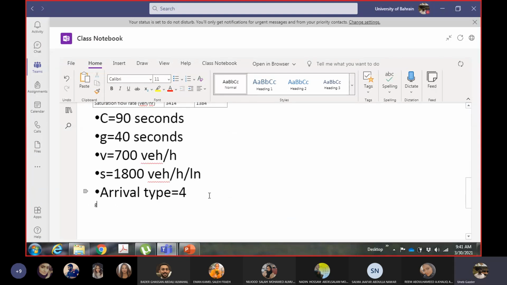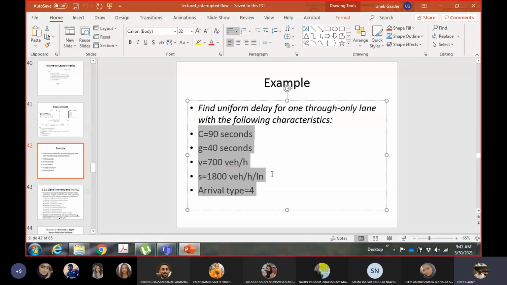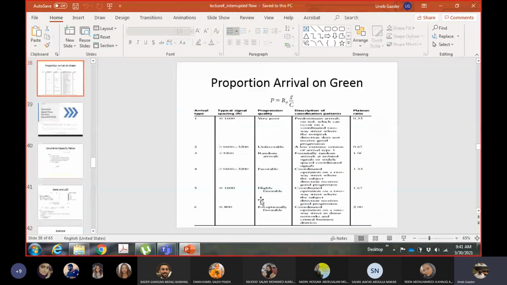Give me the G by C ratio first. How much is the G by C ratio? 40 by 90? 0.44. Then I need the p value, so it depends upon the arrival type. Arrival type is given as 4.